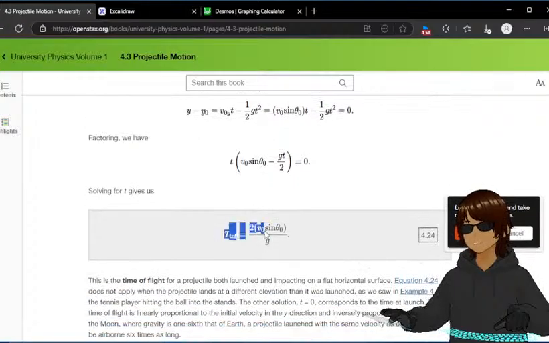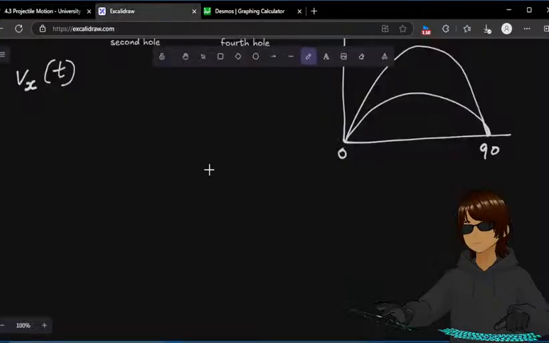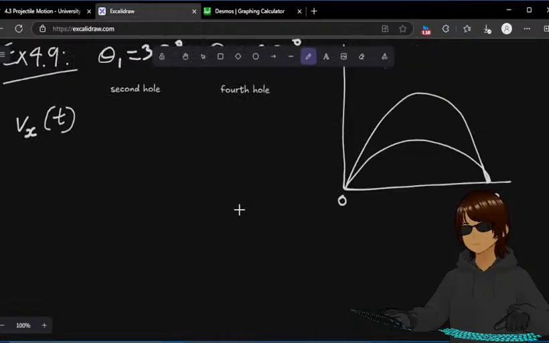This v naught is the overall v naught, right? The speed, not the velocity. Let me think. If that's the time, s is equal to.